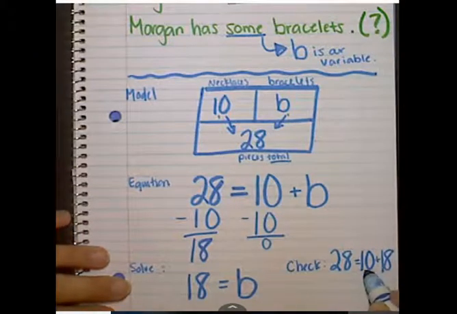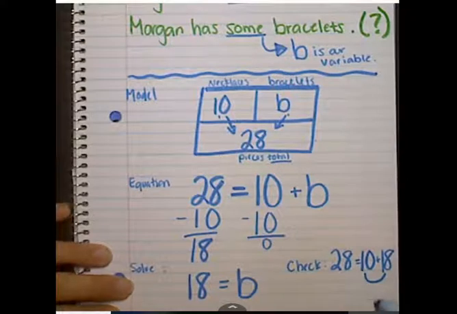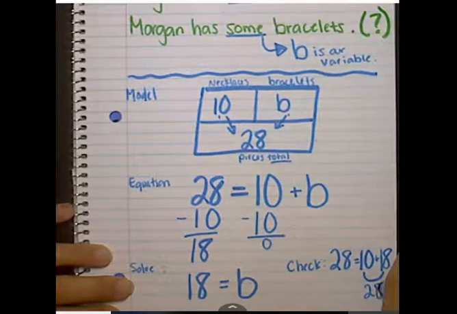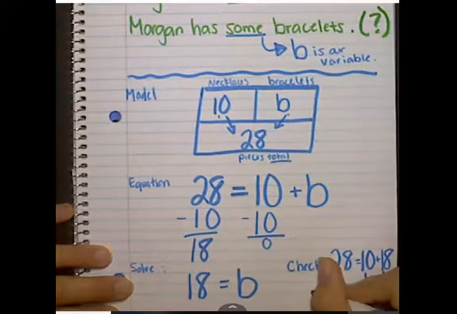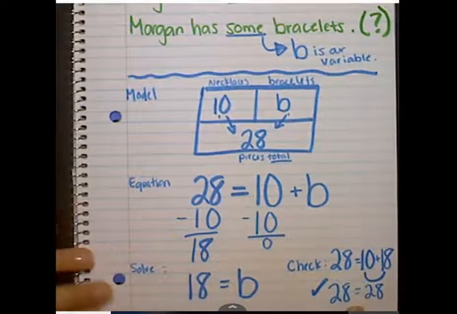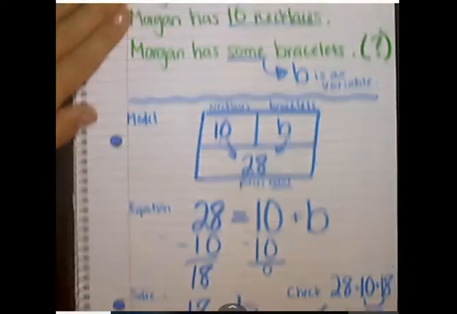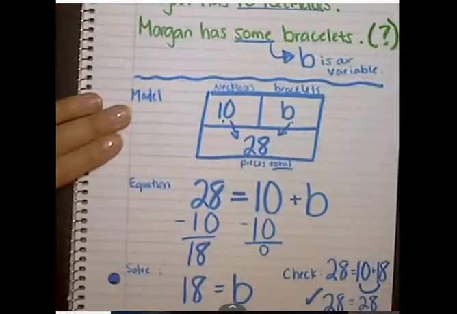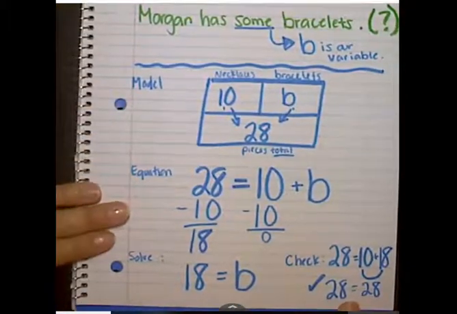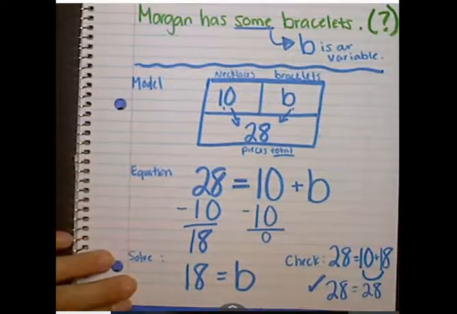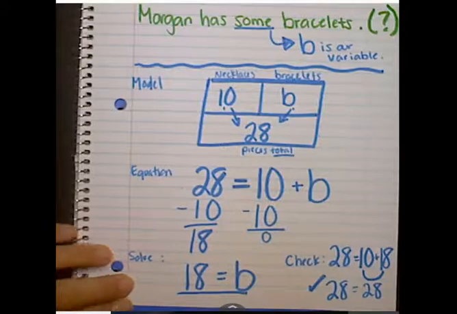And if I add 10 and 18 together, I do get 28. That means we have completed our problem, we found the important information, we modeled our problem, we set up our equation, we solved it, and when we checked, we knew that our answer was correct.